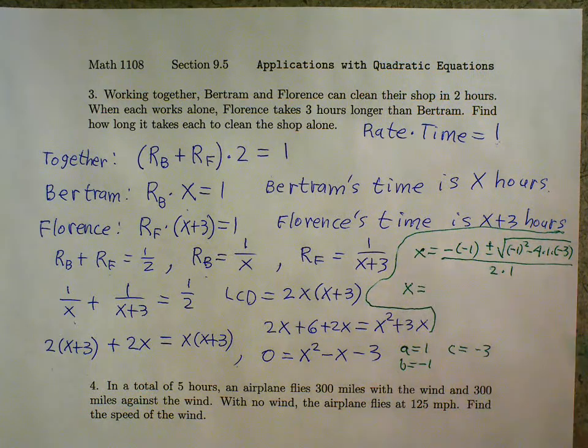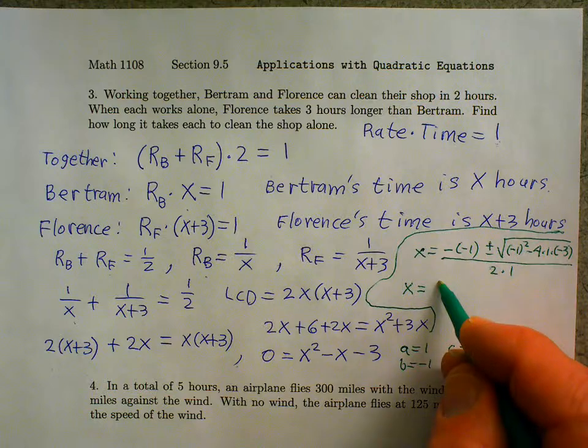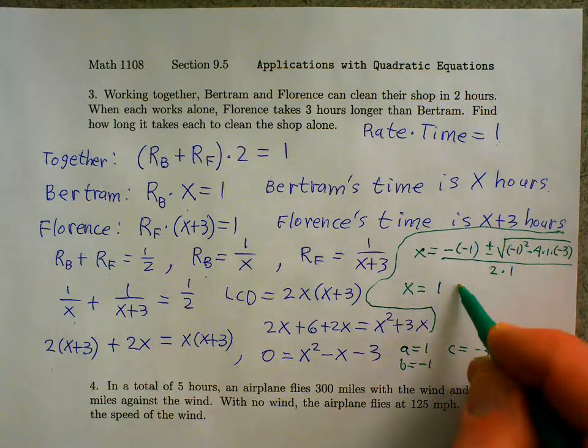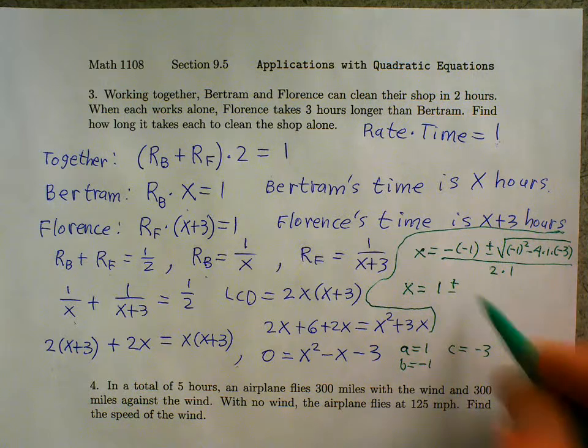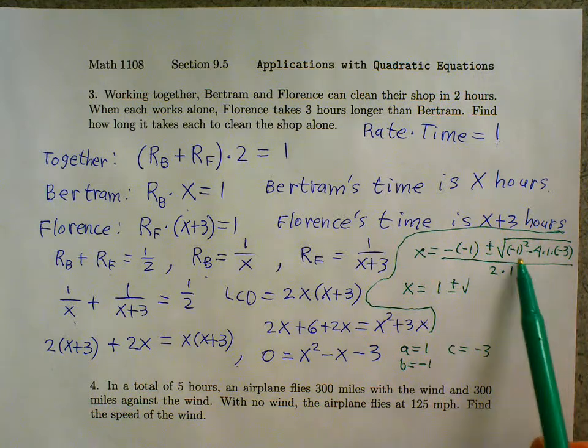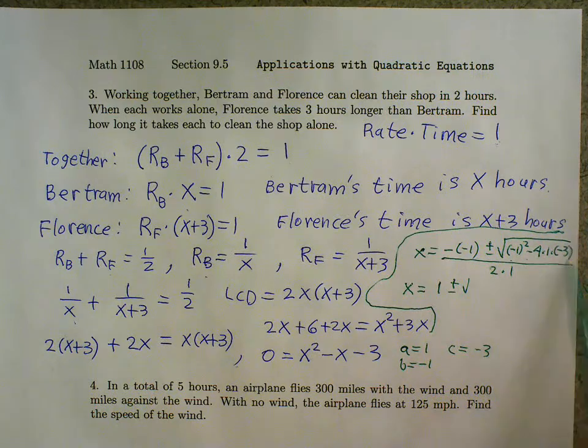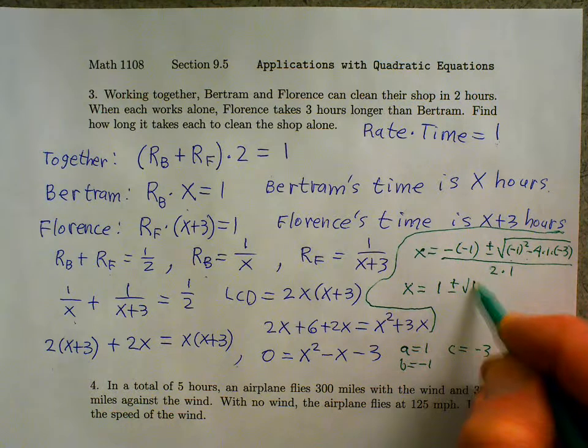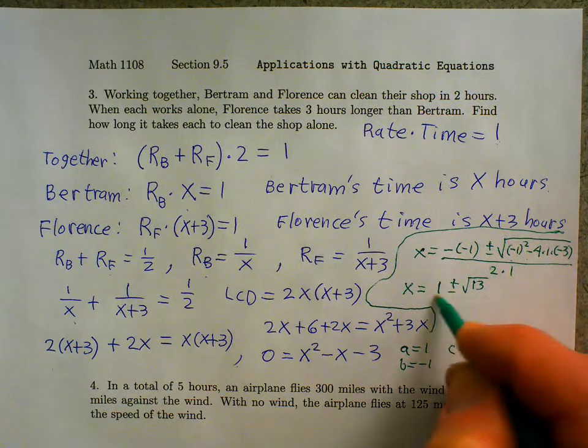And then we get x equals 1 plus and minus the square root of 1 minus -12, which is 1 plus 12, or 13, all divided by 2.